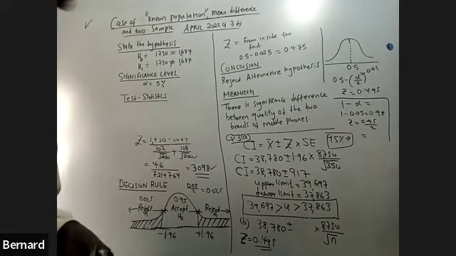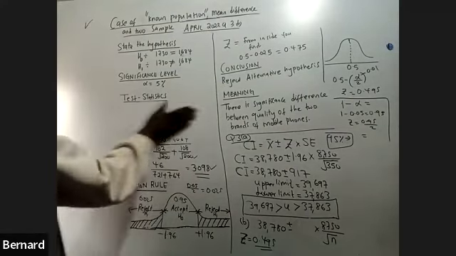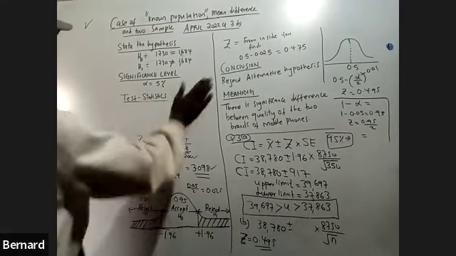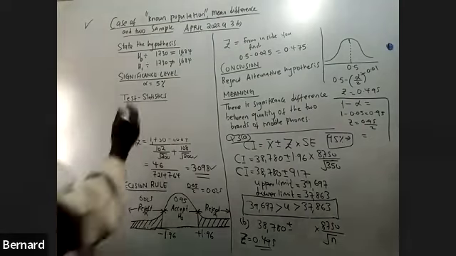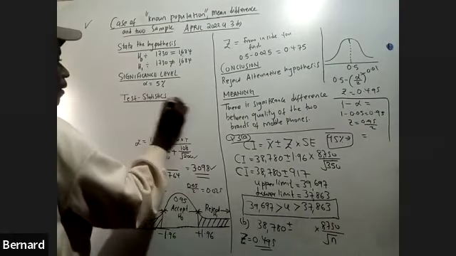Ina change ni hapo na kwa test. So when you find such kind of a thing, then the formula itatumia the t-test.